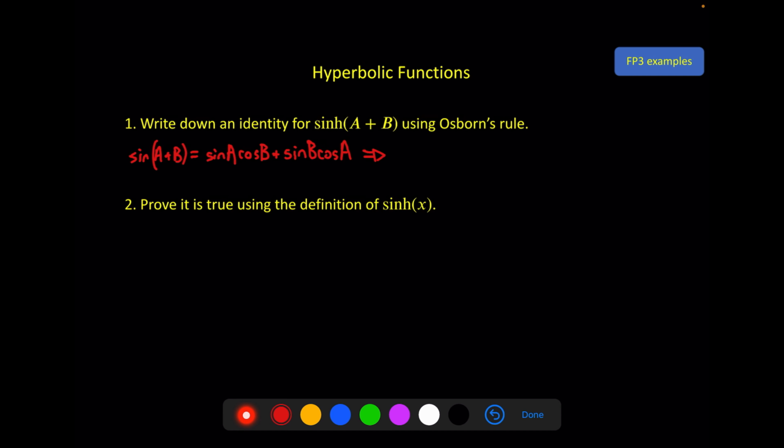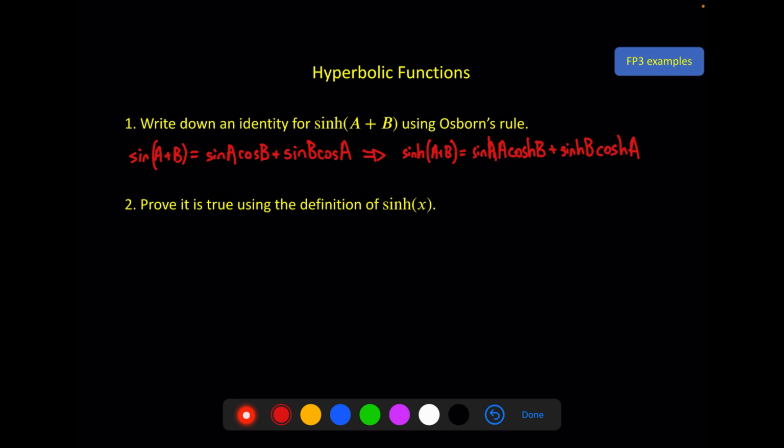So that, using Osborne's rule, gives me a hyperbolic identity: sinh(a + b) equals sinh a, oh, I messed it up, sinh a cosh b plus sinh b cosh a.